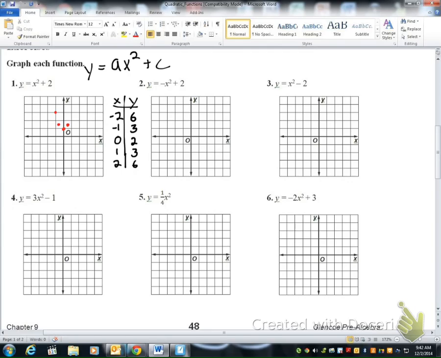And then we have 2, 6, so that's the right one, and up 3. So that's what that looks like, right? And then you just sketch a parabola going through it. Remember, put arrows on both ends because it does extend infinitely upwards and outwards.